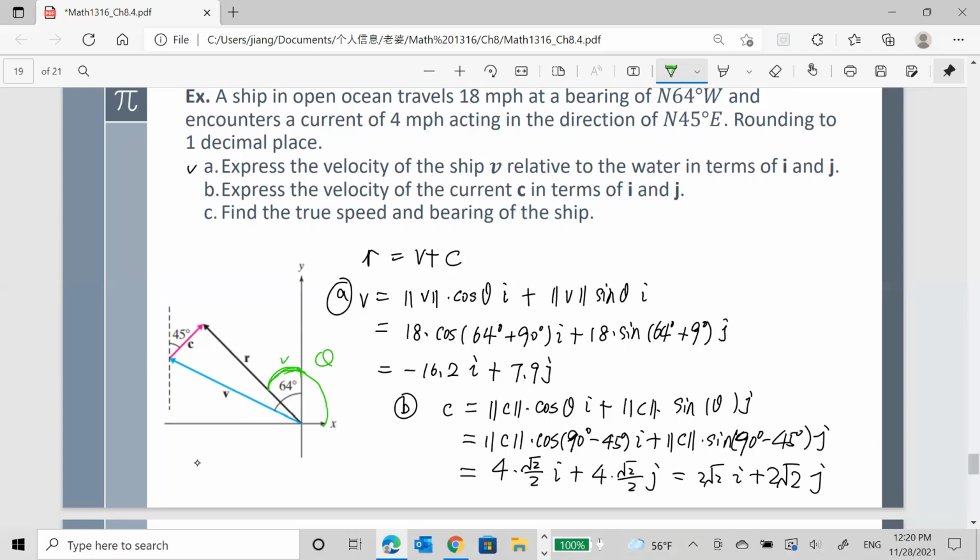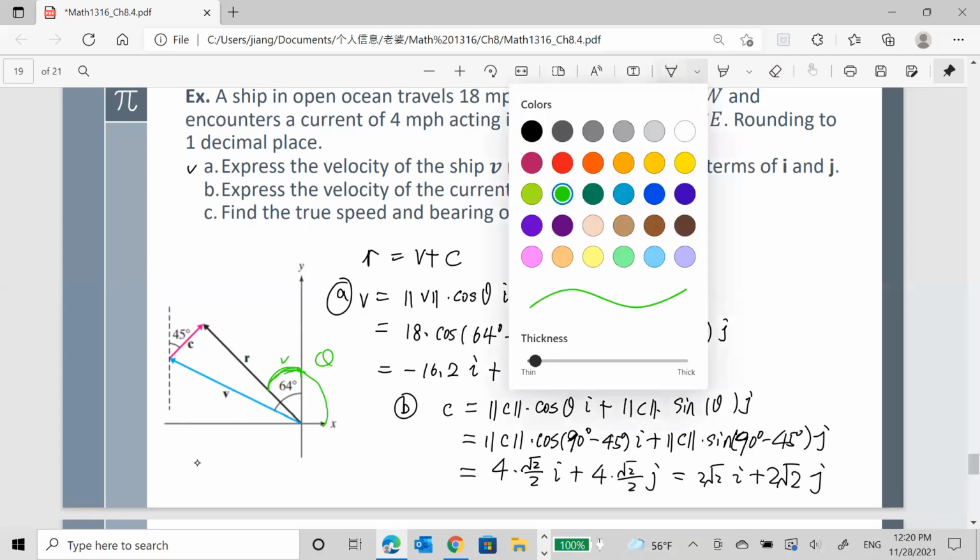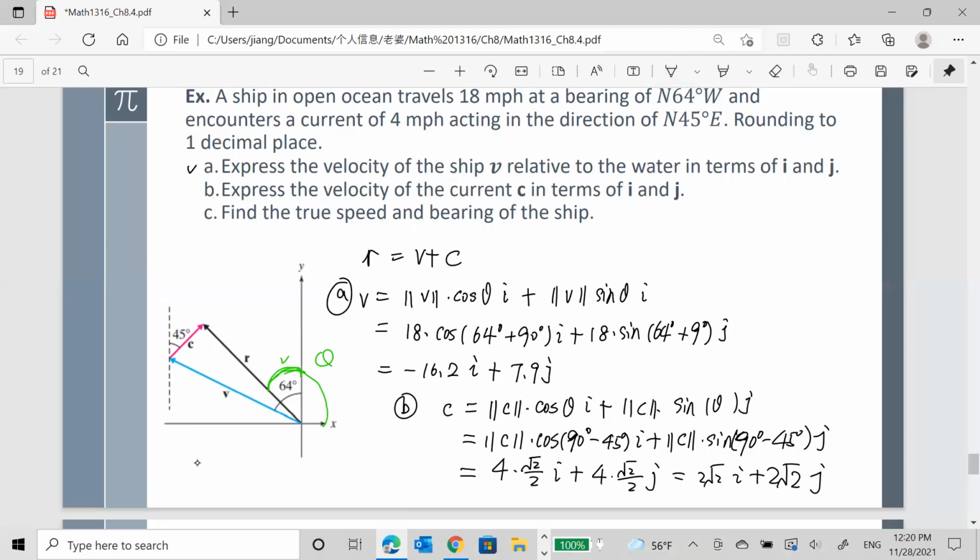So part C. Let me write it down here. So R equals V plus C. Oh, sorry, R. We are looking for R. So add the V and C together. That means add the I part together and the J part together.